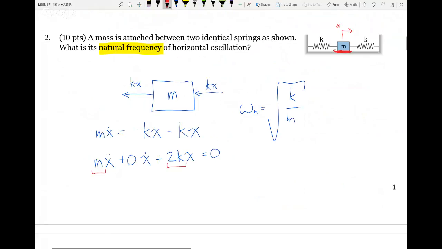So our natural frequency here is actually going to be the square root of 2k over m, because there's a 2 right here in front of that. So that is the answer for number 2, the natural frequency, square root of 2k over the mass m.